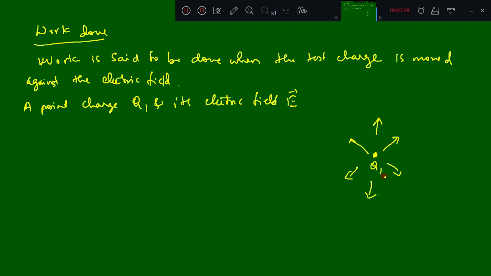Okay, and I will place one test charge QT, which is also a positive charge. Q1 is also a positive charge. So due to these two positive charges, it will repel. So the repulsion, I can take it in this direction.